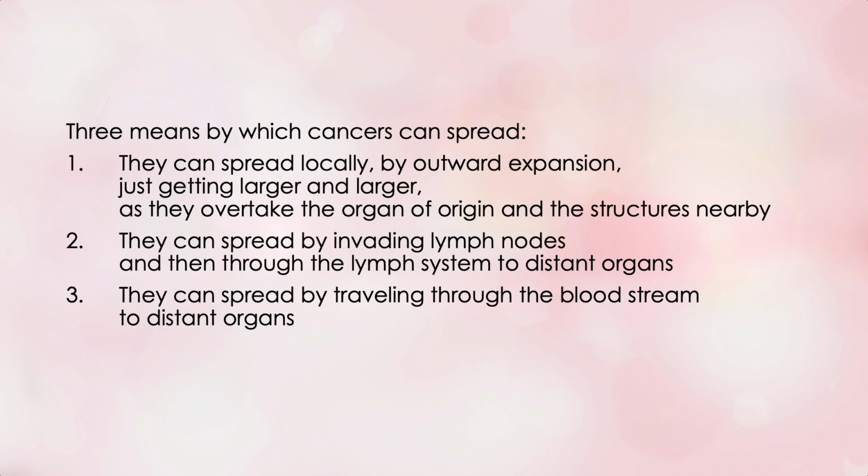And 3, they can spread by traveling through the bloodstream to distant organs. So 1 means of spread is local, and 2 are distant. And stage takes all these things into account.